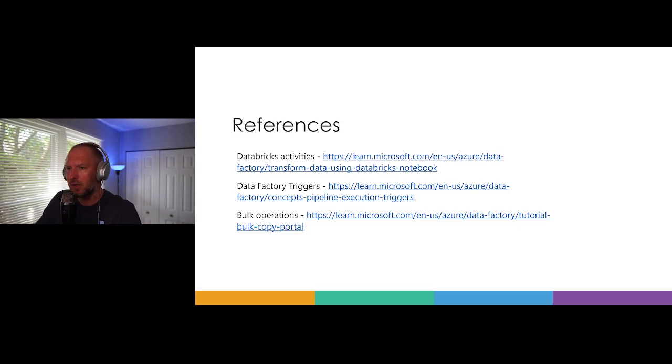Azure Databricks provides, as far as I know, a trial subscription, up to 14 days, and you can play with different types of custom compute resources for free. And Data Factory also has a trial version, as far as I know. So you can play with these platforms and look at everything that you want. And also there is a reference about bulk operations as well.